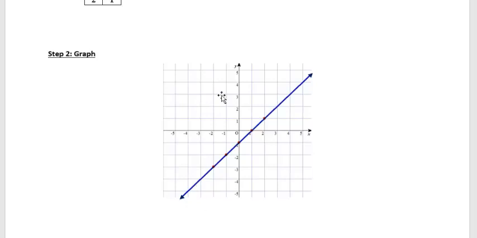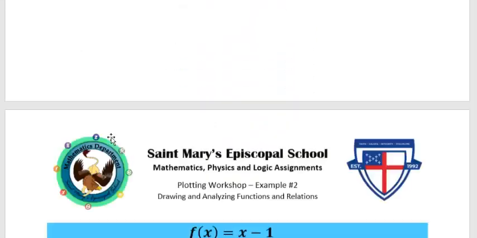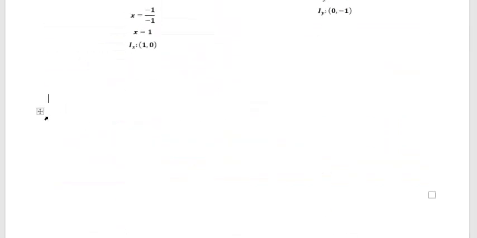In any other case, the domain is always R and the range is also R. So for step number 4, the domain is R because it's going left and right forever, and the range is also R because it's going up and down forever.